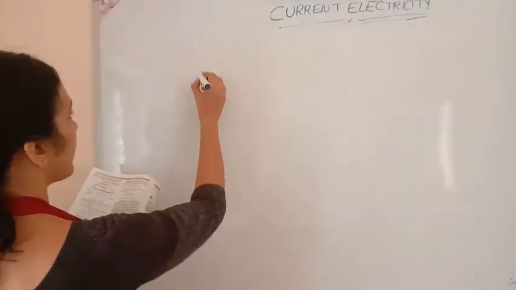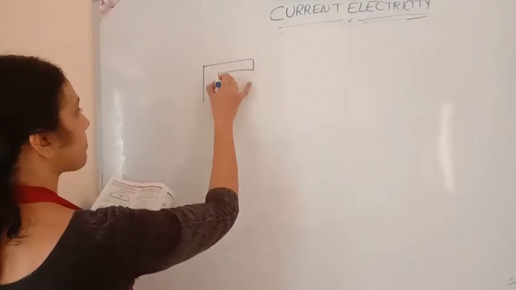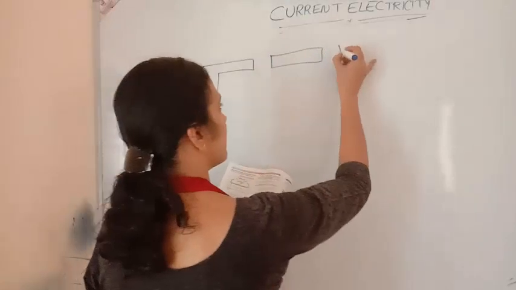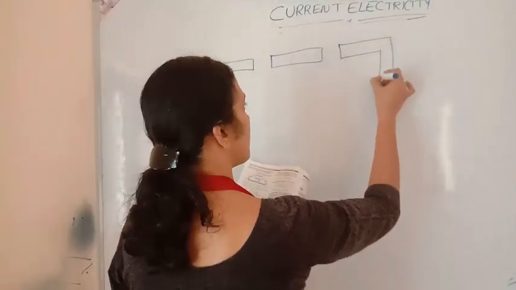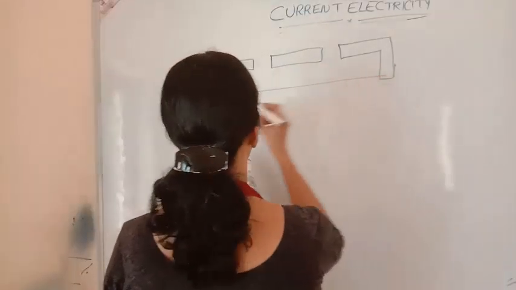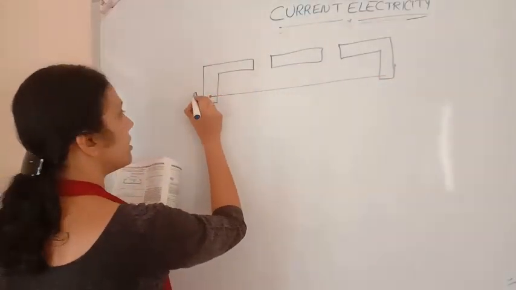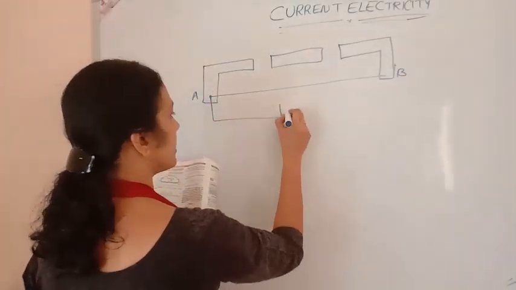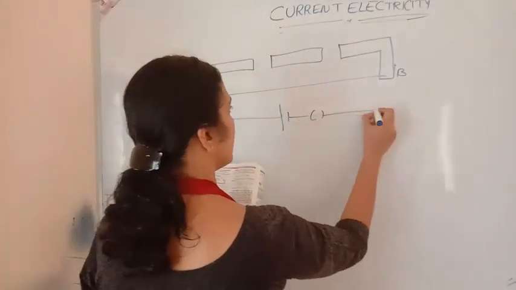Okay, so the diagram is given like here. This is the meter bridge which is given. This is end A and this is end B. Here it is given like a positive and negative, and here it is a cell.